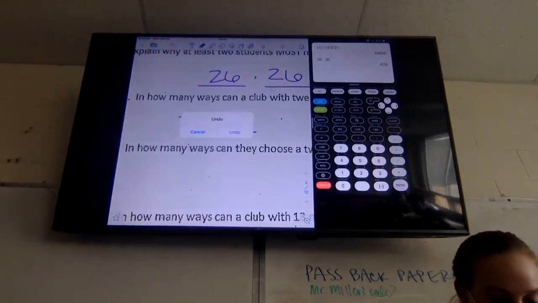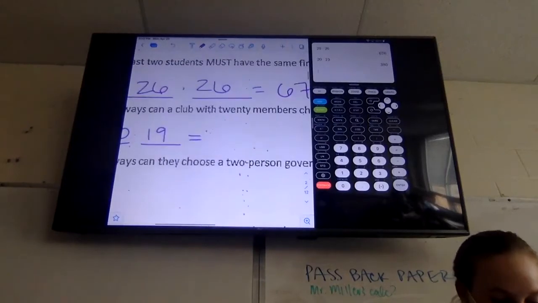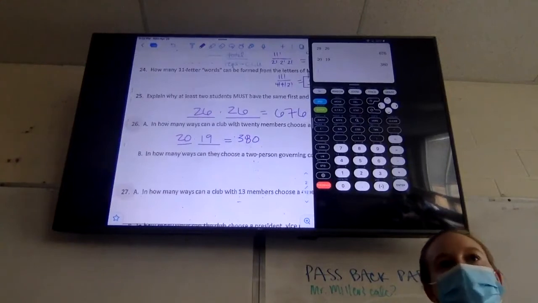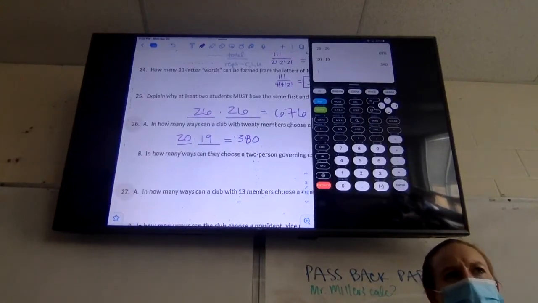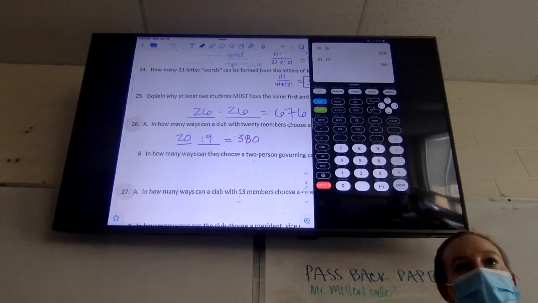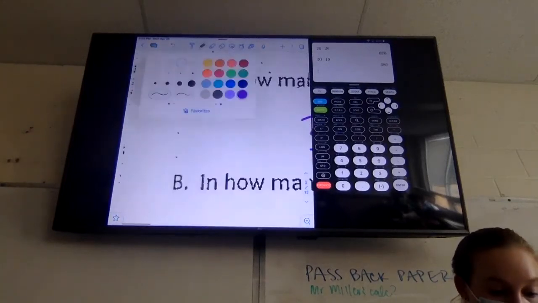So let's do that in the calculator really quick. 20 times 19, that is 380. Okay. Now this type of problem, does it matter if order is important here or not? Does it matter if you're president or vice president? I think it would, right? We can ask Joan Kamala if we want to, but I think it matters which one you are.